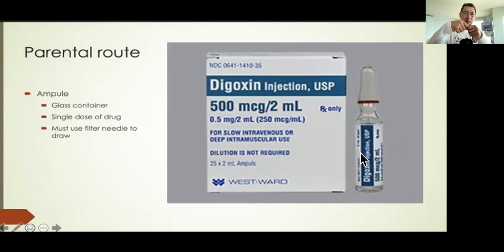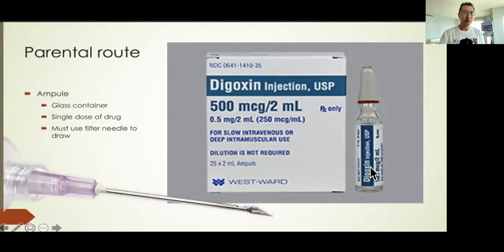Because when I open this glass vial, very tiny, minute particles of glass may have fallen into the medicine in the vial. So what I'm going to use in this case is a needle called a filter needle.